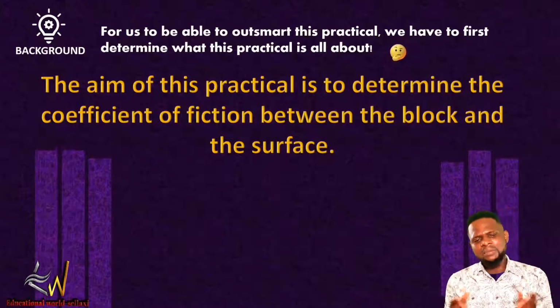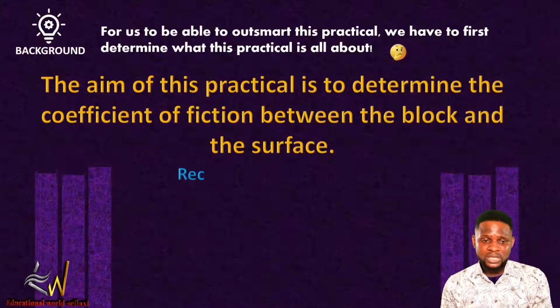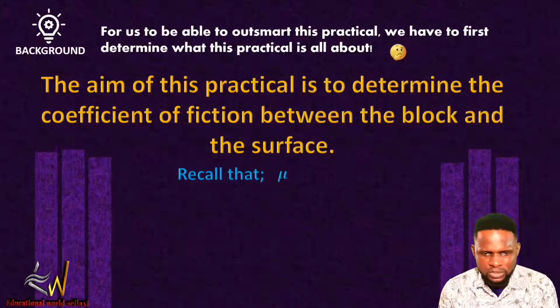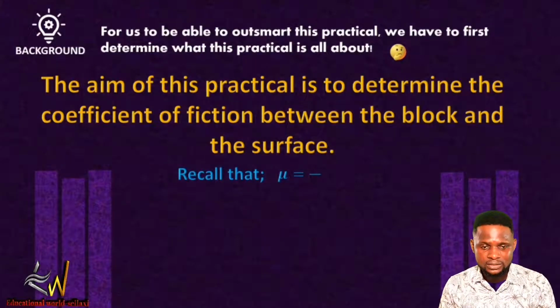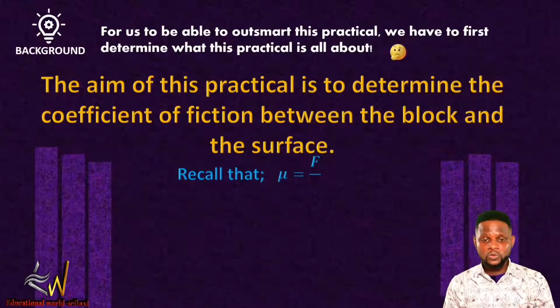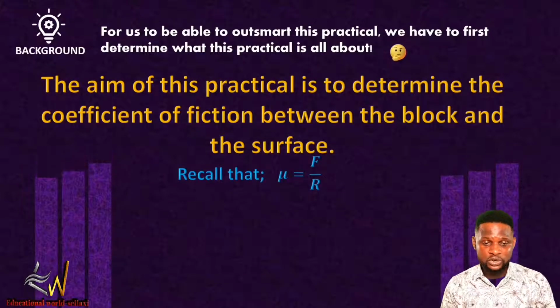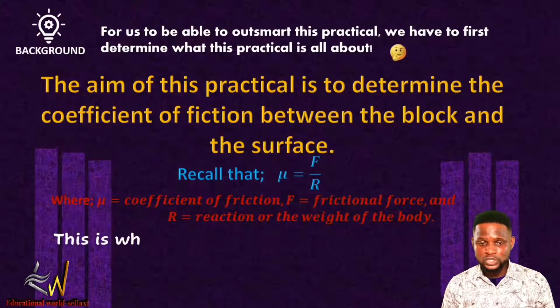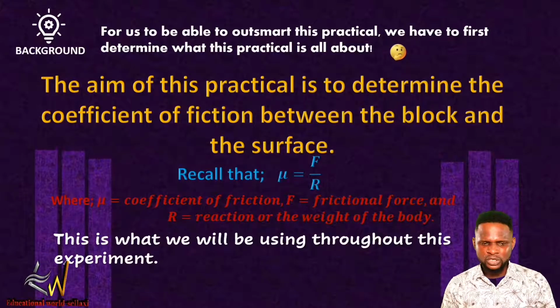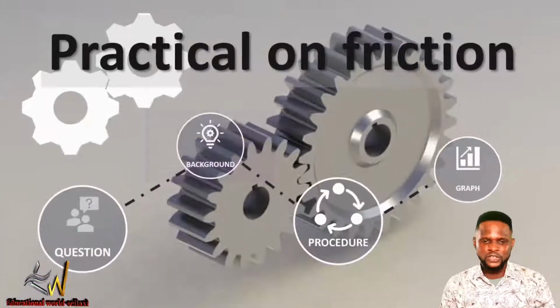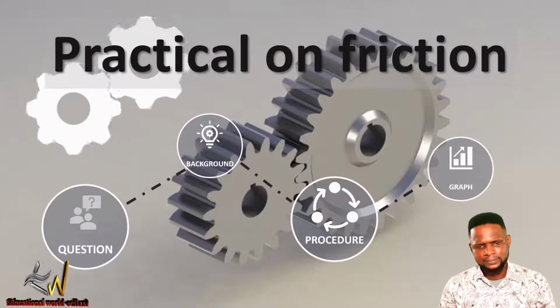The aim of this practical is to help us determine the coefficient of friction between the block and the surface. Recall that mu is equal to the frictional force over the weight or the reaction of the body. Mu is the coefficient of friction, and R is the reaction or the weight of the body. So we're using this for the rest of this practical.